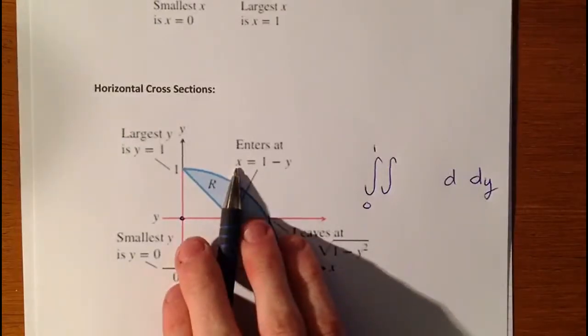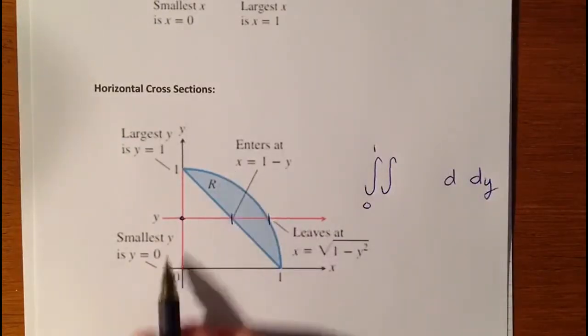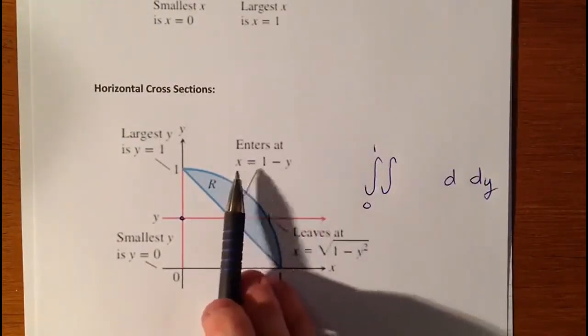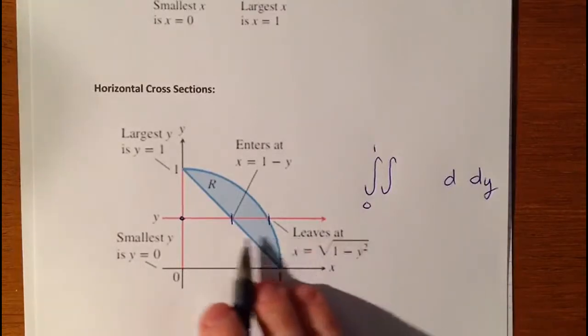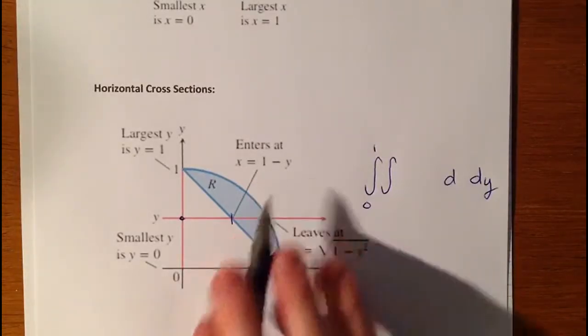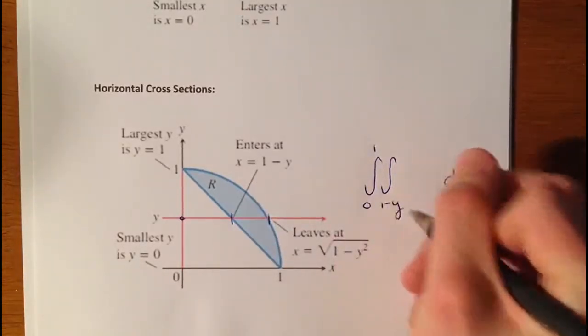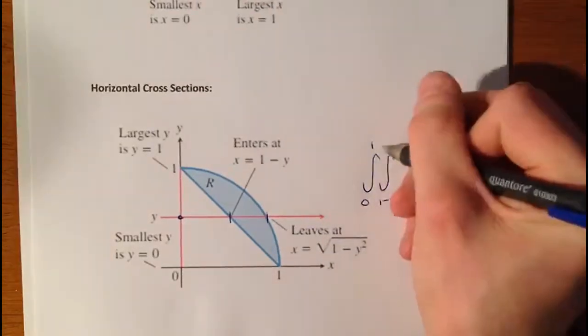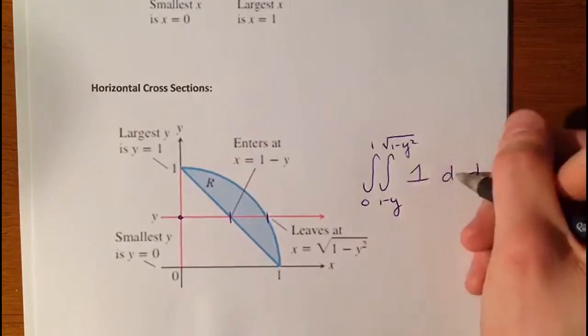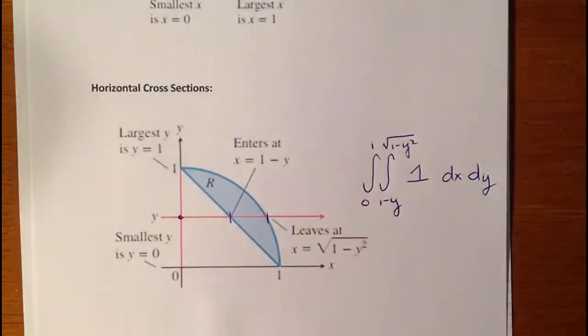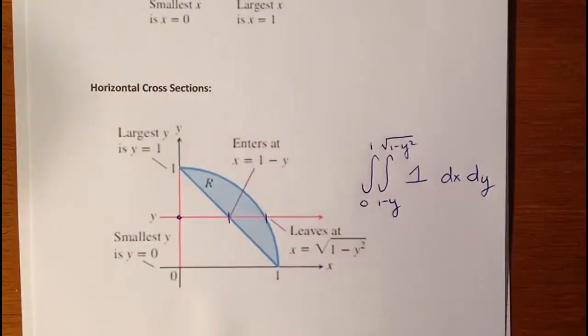Make sure if you take horizontal cross sections, your formulas are x is something with y. And now it enters our region at 1 minus y, and it leaves our region at the square root of 1 minus y squared. If you only want to take the area, we're just going to fill in a 1.